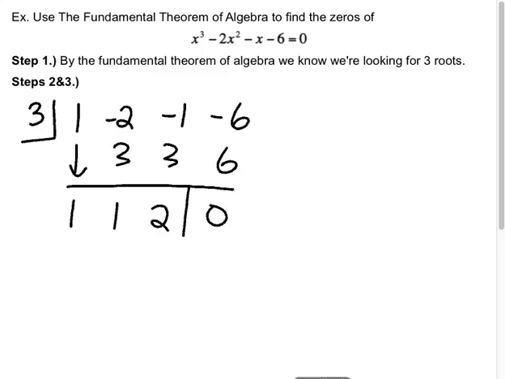And I did get exactly what I wanted, right? I knew I should get a 0 there because I knew that I was dealing with a solution. Okay, so that means this is my constant, this is my x, that's my x squared. So I know I'm working with x squared plus x plus 2.